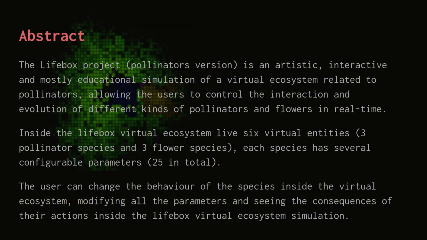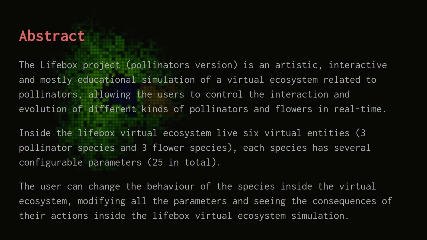The Pollinator version of this Livebox project is an artistic, interactive and mostly educational simulation related to a virtual ecosystem, and how some kind of virtual species live and evolve inside this virtual ecosystem.